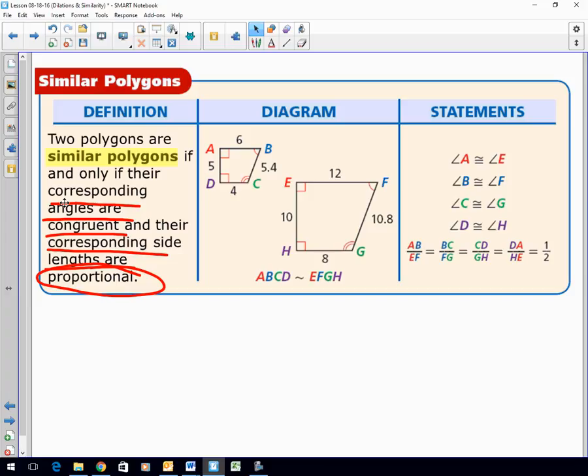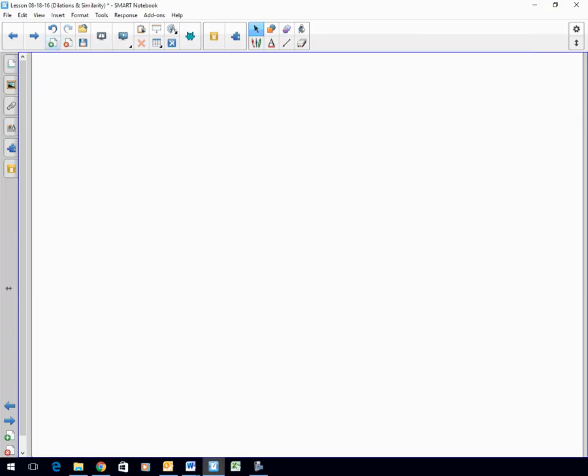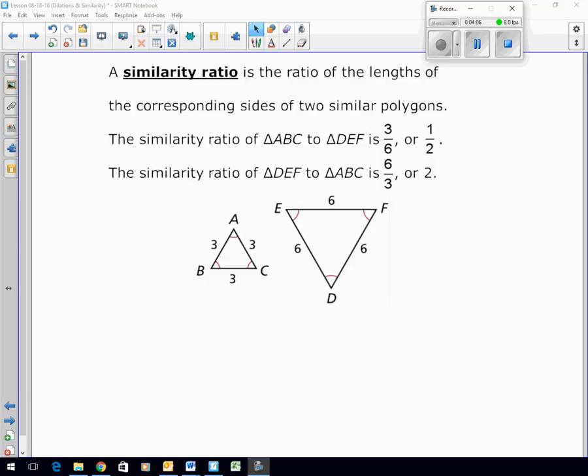Jot down what we got here. All right, similarity ratio is the ratio of the lengths of the corresponding sides of two similar polygons. The similarity ratio of triangle ABC to triangle DEF is 3/6 or 1/2.